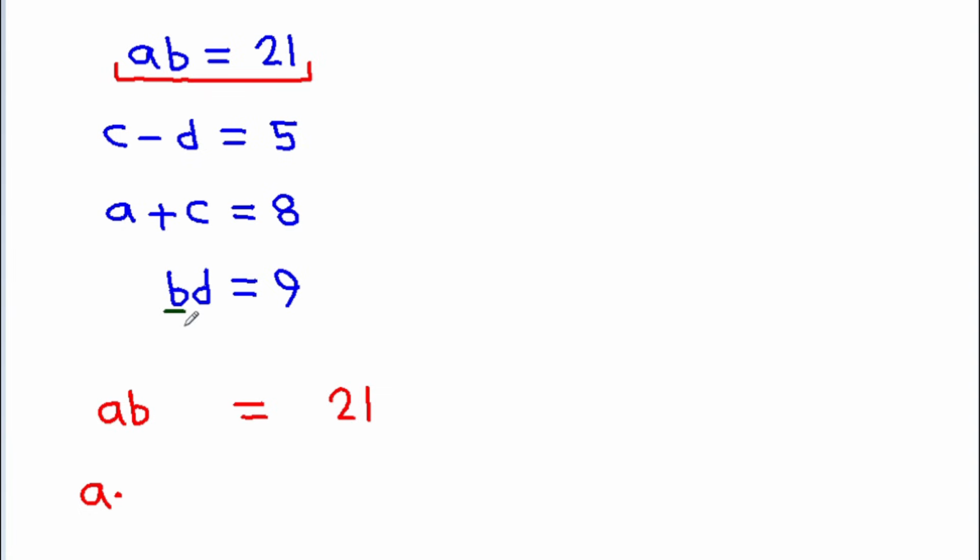Here we have B and we can get B is 9 divided by D. And now here we have D and we can get D is C minus 5.